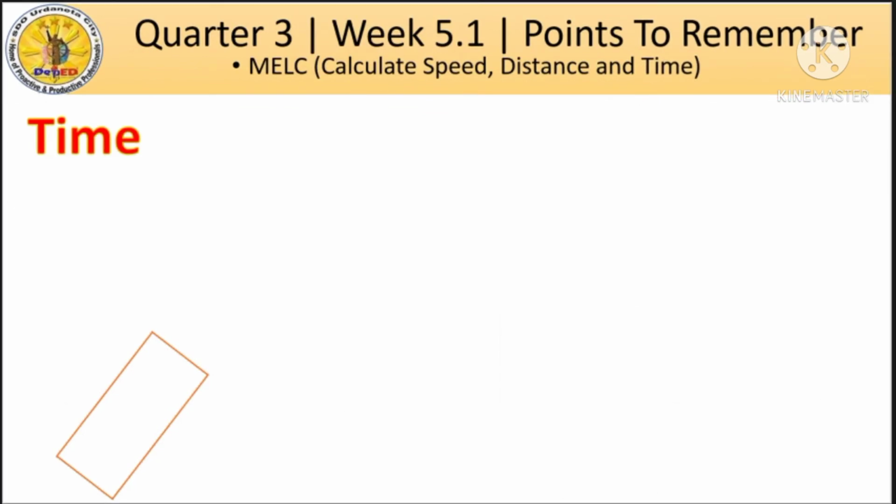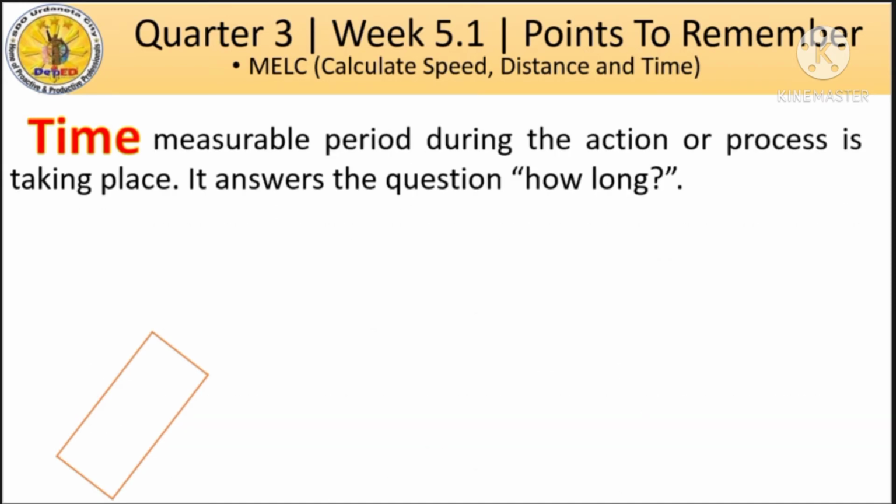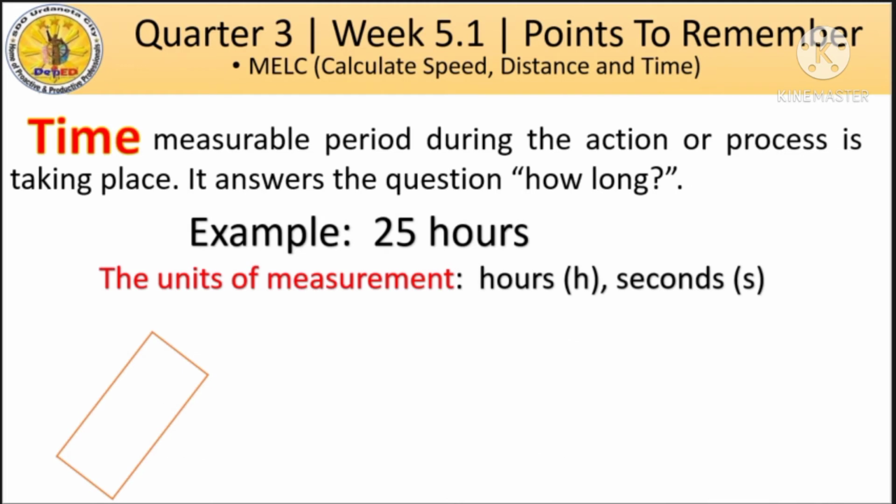Then lastly, the time. If we say time, it is a measurable period during which an action or process is taking place. It also answers the question, how long? Example is 25 hours. The units of measurement for time are the following, hours and seconds. In calculating for the time, we use again this magic triangle.